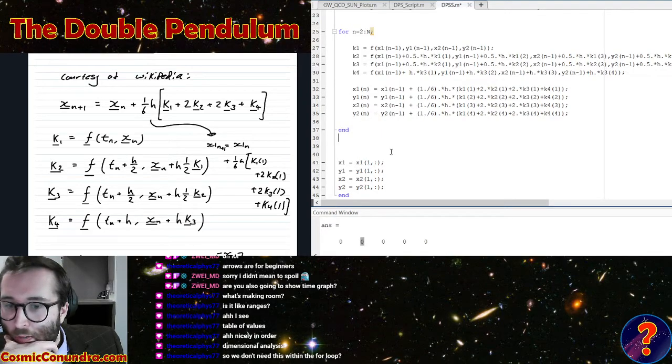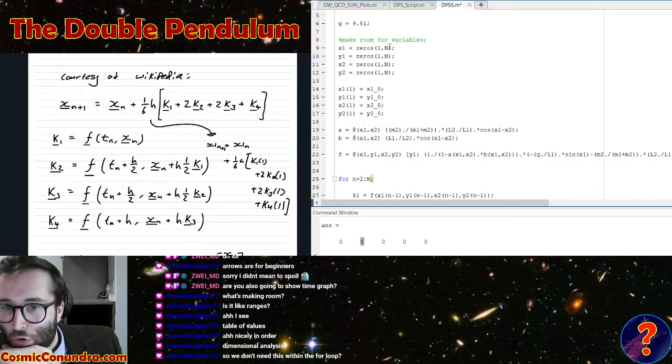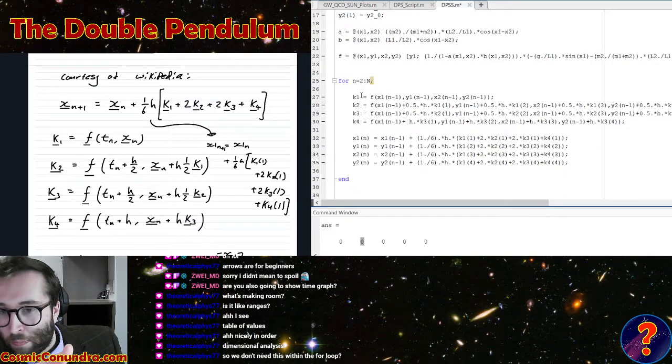Why don't we need this within the for loop? Well, because these are the final constructed arguments. What it's doing here is, for every n in the for loop, it's saying the nth element of x1, which we made room for up here. We defined a 1 by capital N array of numbers. Follow the logic for n equals 2.